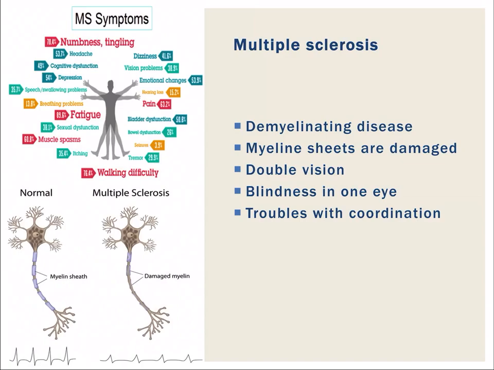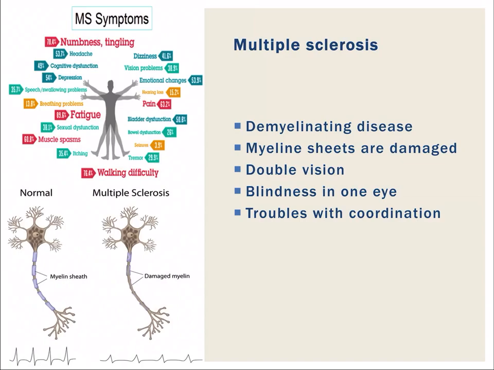What that means is that if you send 100% of signal, only 20% might arrive at the end of the axon, right? So if you get a demyelinating disease where the myelin sheaths are damaged, sorry, that should be sheaths, not sheets, then obviously you get all kinds of externally visible symptoms, things like double vision, blindness in one eye, and troubles with coordination.